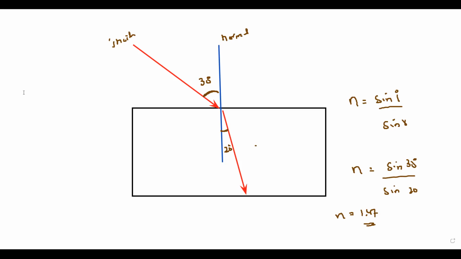So this is the first formula for refractive index, which is the ability of the medium to bend light when the light is moving from air to glass or water. The second formula for a refractive index is for when the light is traveling from glass to air or water to air.